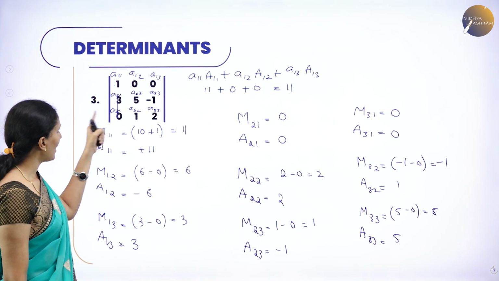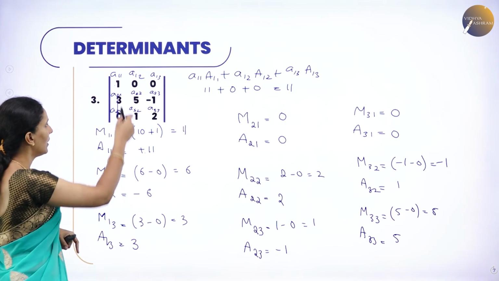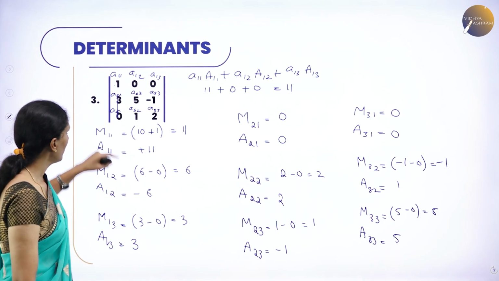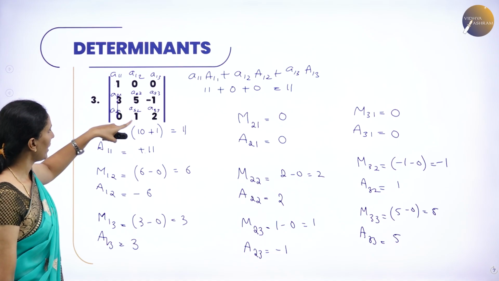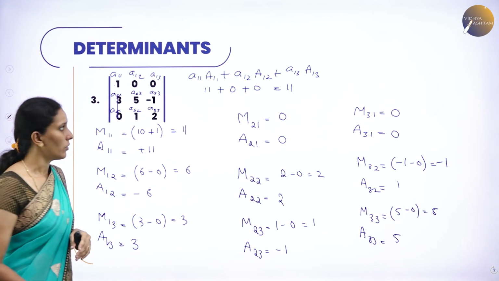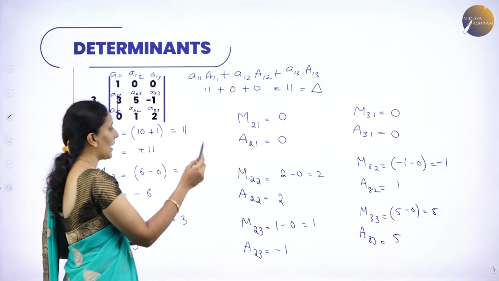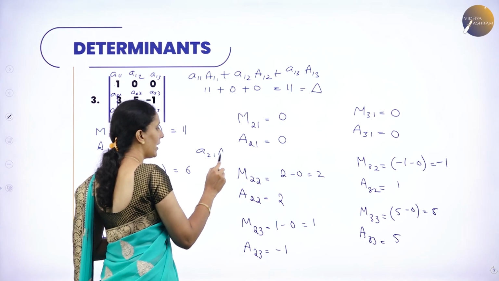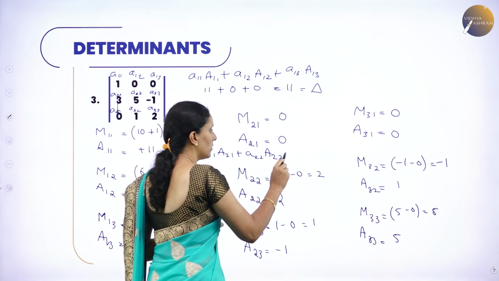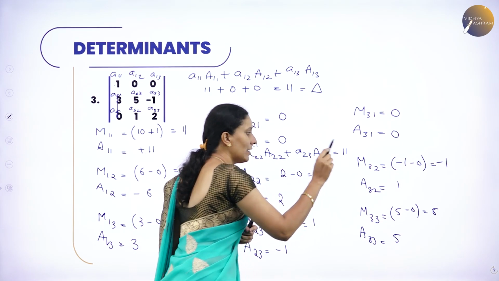Now let us find the value of the determinant for this. So 1 into, when you take the determinant it is 11 only, and the other two elements are 0. So this is always equal to delta. Similarly, when you multiply A21 with A21 and A22 with A22, A23 with A23, the value will be again 11 only.